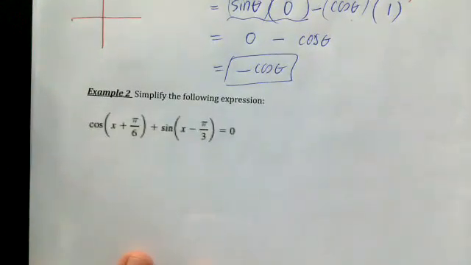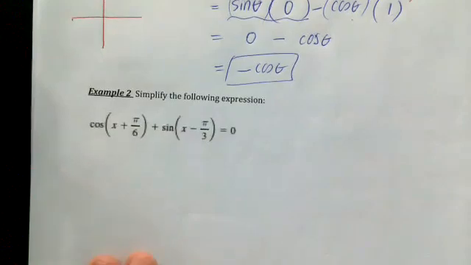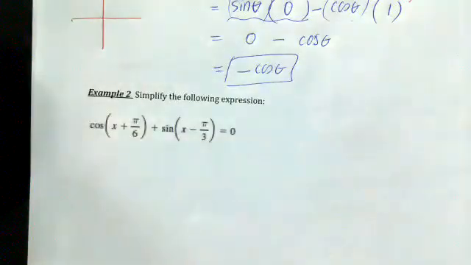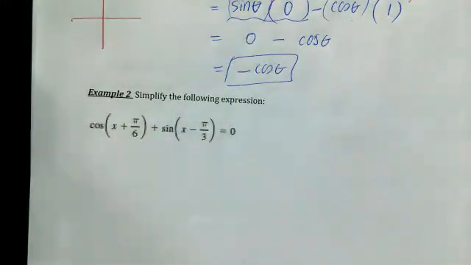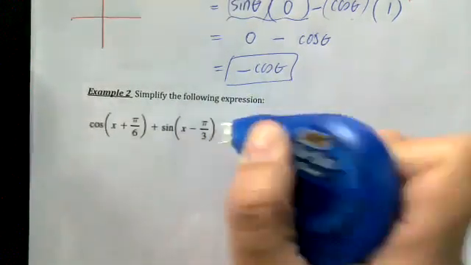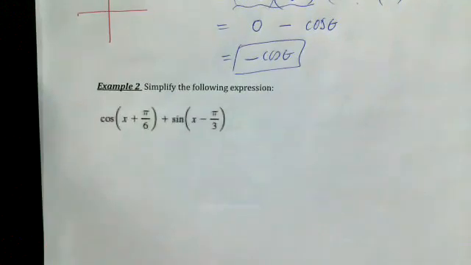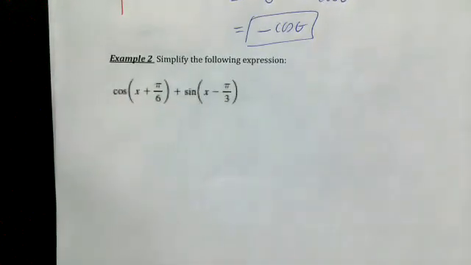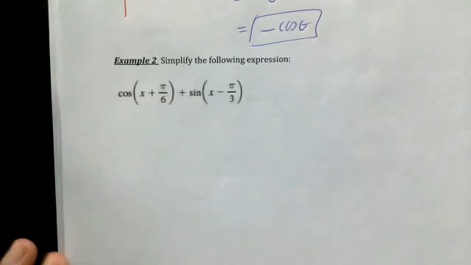Simplify the following expression. So we have cosine of x plus pi over 6 plus sine of x minus pi over 3. I want you to erase that 0 equals 0. We're just going to look at it from the perspective of a given expression. It will equal 0, we'll show that, but let's consider it like that.